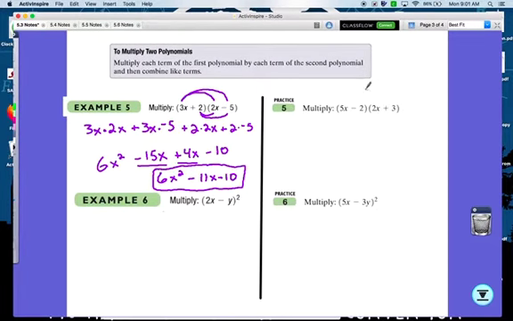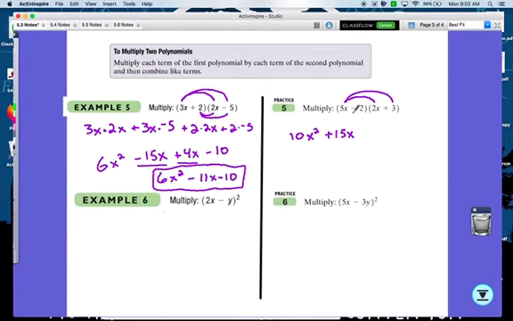All right, so again, let's look at practice 5 over here. 5x times 2x. 5 times 2 is 10. X times x is x squared. 5x times the 3. 5 times the 3 gives me 15, so 15x. Then we'll come through and multiply the negative 2.